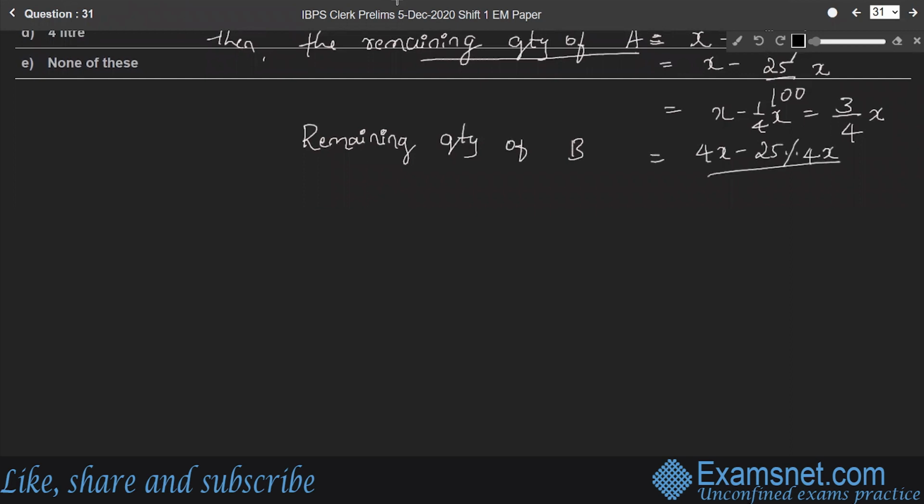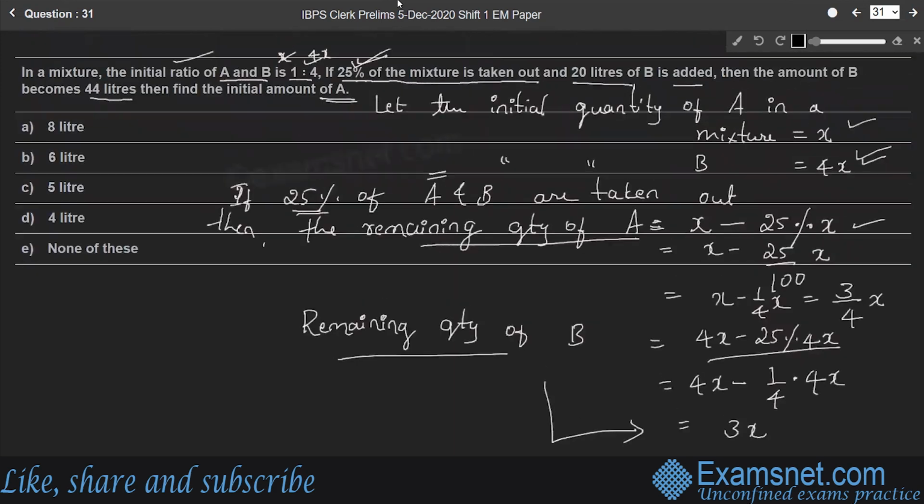So this gives the remaining quantity of B. Therefore, 4X minus 25 by 100 into 4X, which is 1/4 into 4X, which is 4X minus X, 3X. So the remaining quantity of B is 3X.